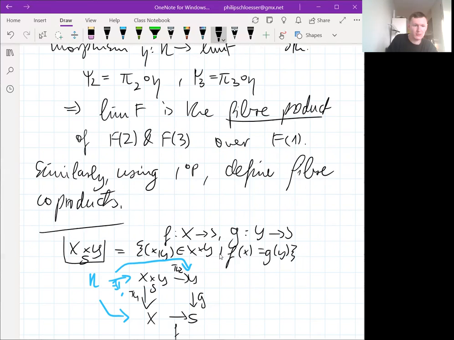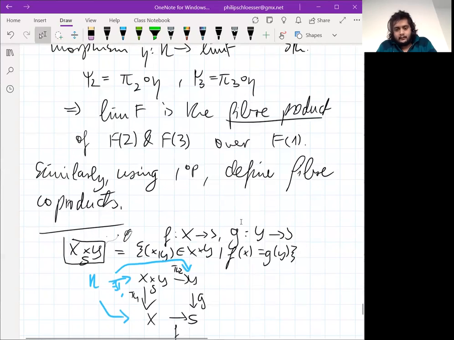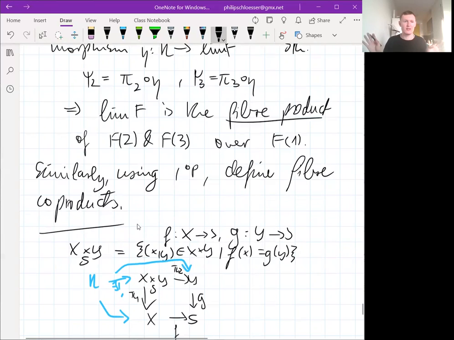This thing here is the fiber product. Usually the fiber product is this abstract categorical notion of the thing that satisfies this universal property. And you can just define the set here and show that it satisfies the universal property.